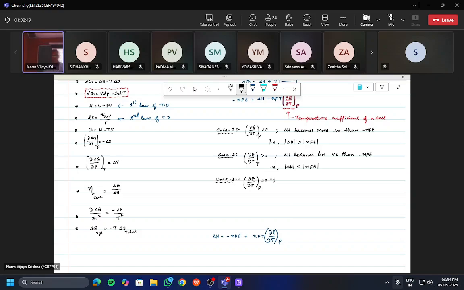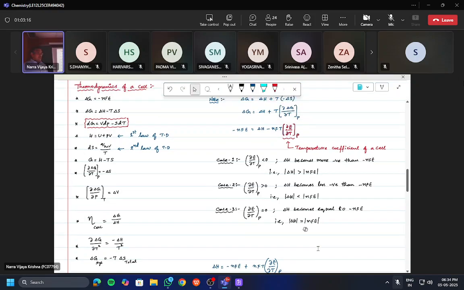Then delta H becomes exactly equal to minus nFE. It means mod delta H becomes exactly equal to mod nFE. Do you have any questions in this?